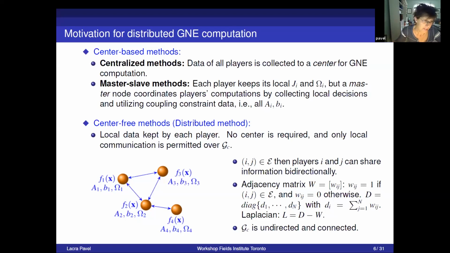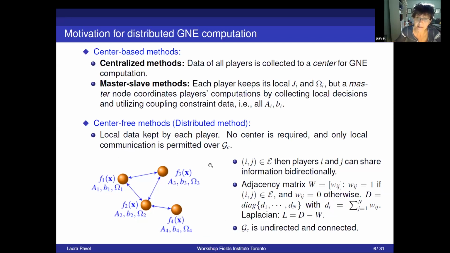In recent years, many researchers have looked at distributed or center-free methods, and those are particularly useful in scenarios that involve ad hoc networks, peer-to-peer networks, where there isn't any center. The local data is kept by each player, and only local communication is permitted over some communication graph, as you see here in the bottom left.